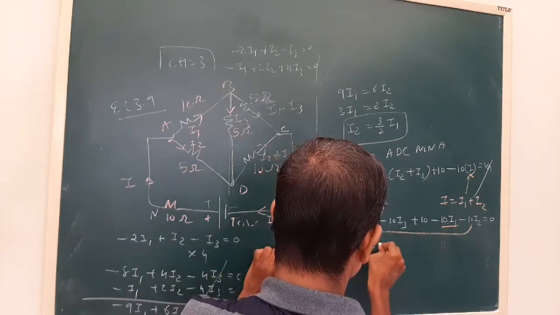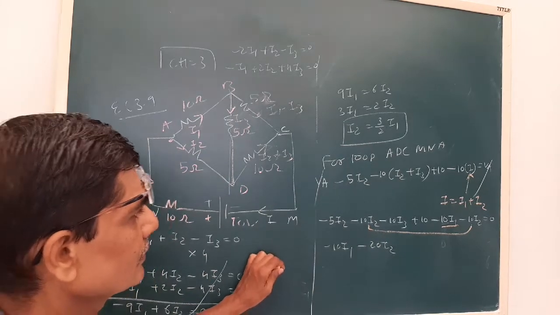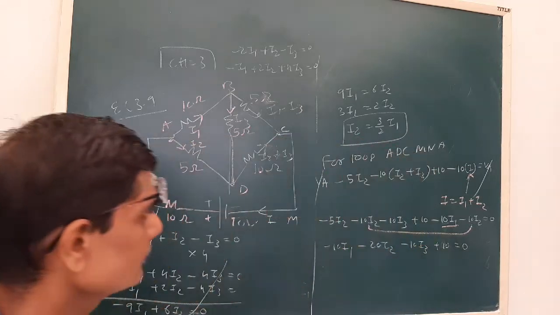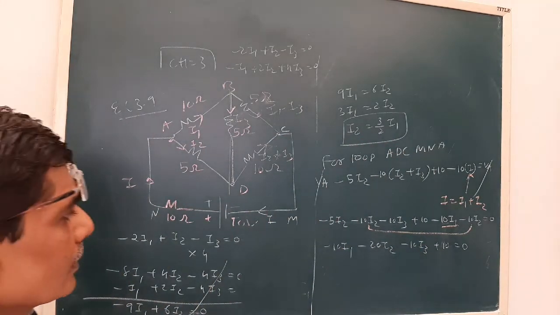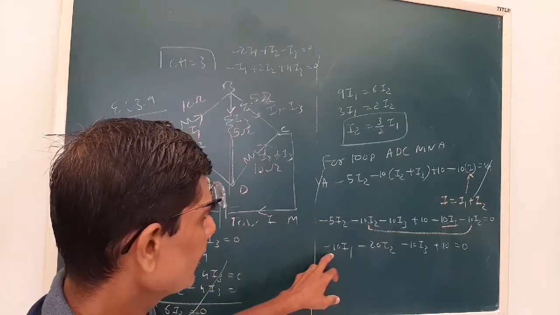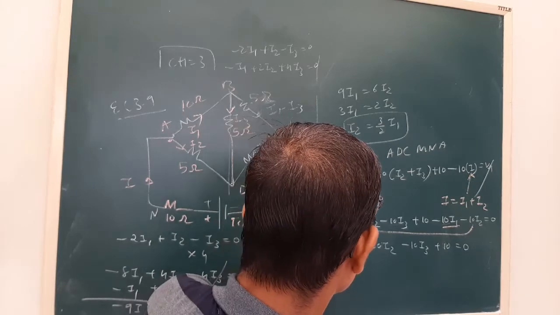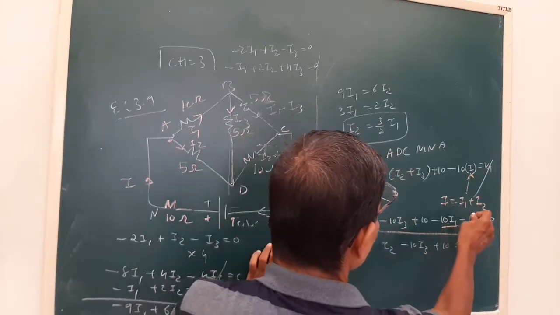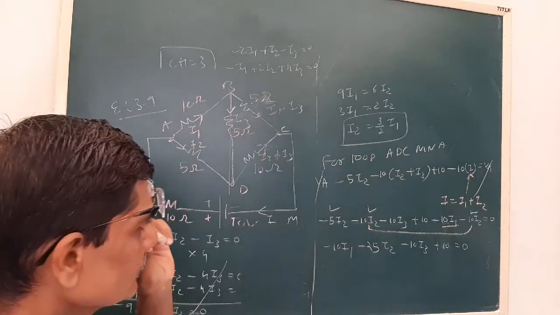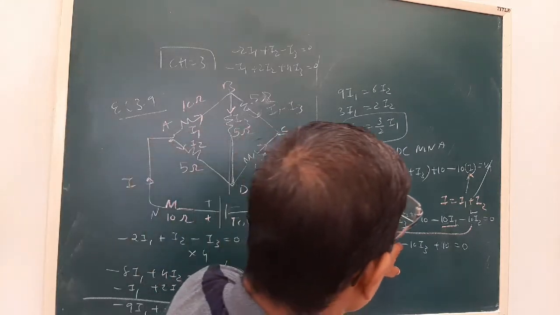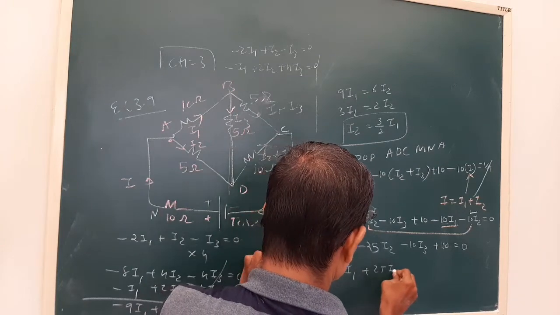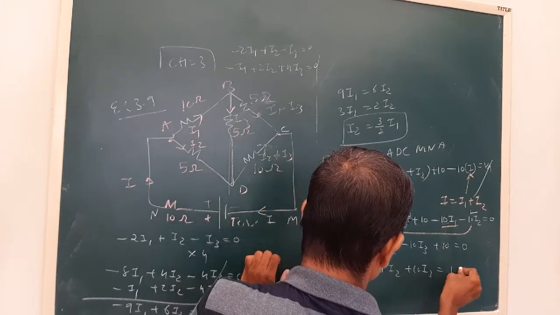Minus 20I2 ... minus 10I3 plus 10I3 ... minus 10I1, and for I2 there is one more term, minus 5, minus 15I2. Then I3 only one term. So what we write here: 10I1 plus 25I2 plus 10I3 is equal to 10.